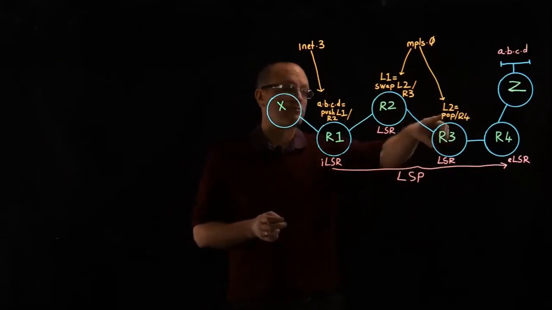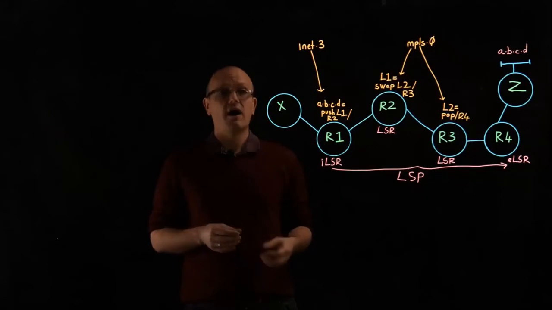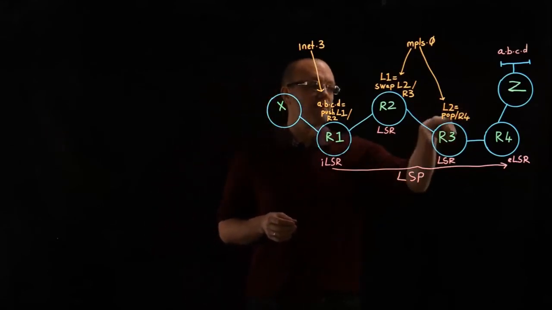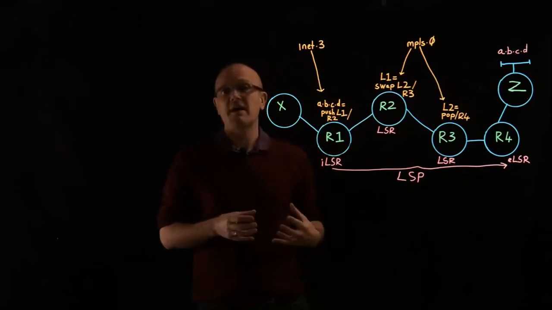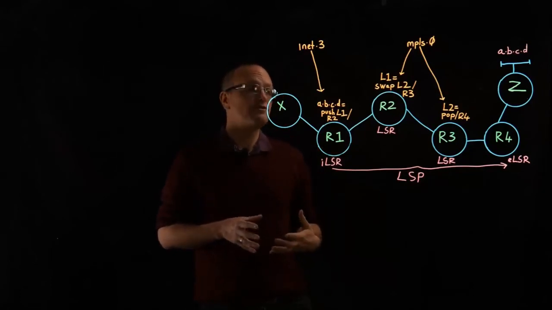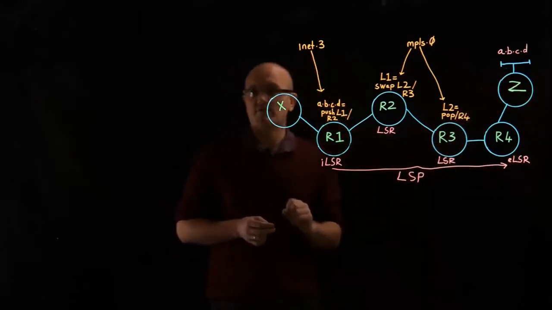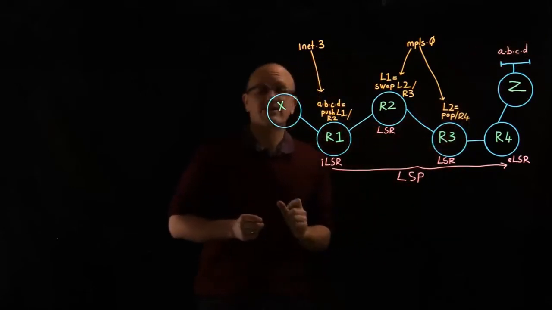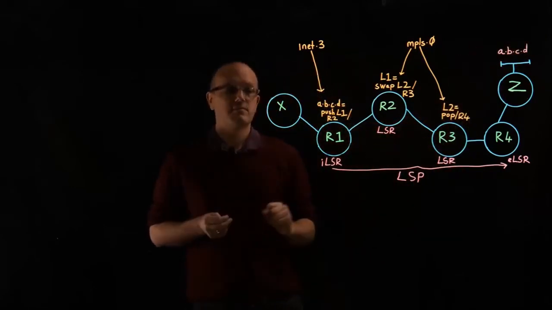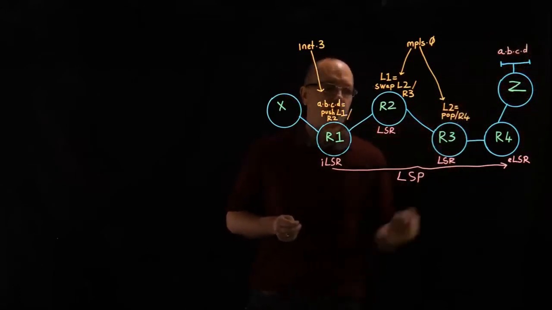He sees the action pop, so he's removing that label, and then he's forwarding this IP packet via the interface facing R4 to R4. And then R4 does pure IP routing on that exposed packet to the router Z, who then has the network containing A.B.C.D directly connected. So he forwards that packet onward to that host in that network.